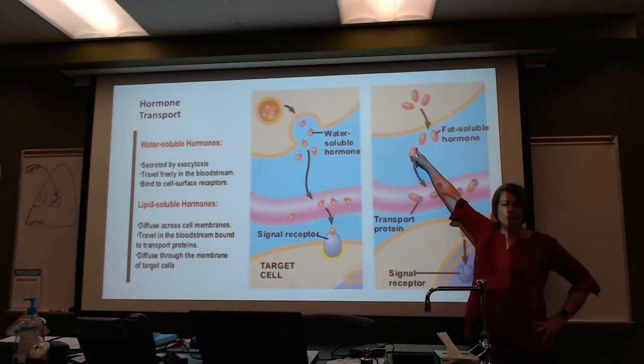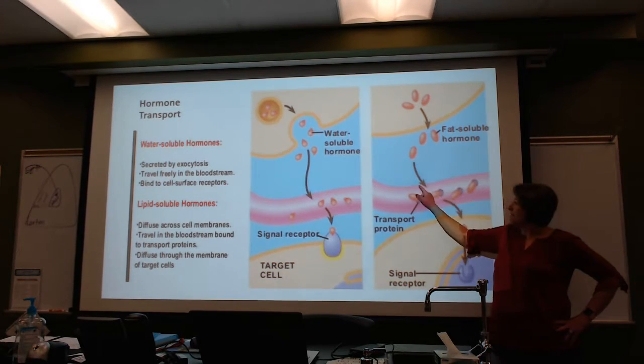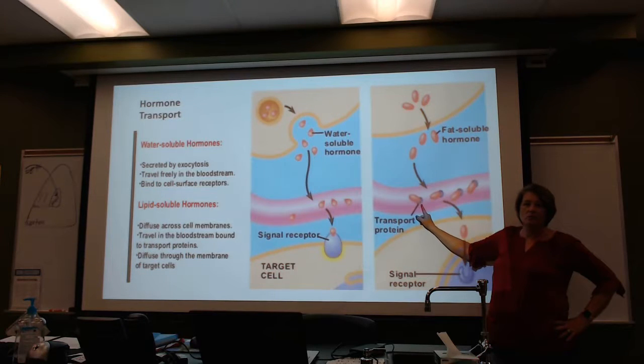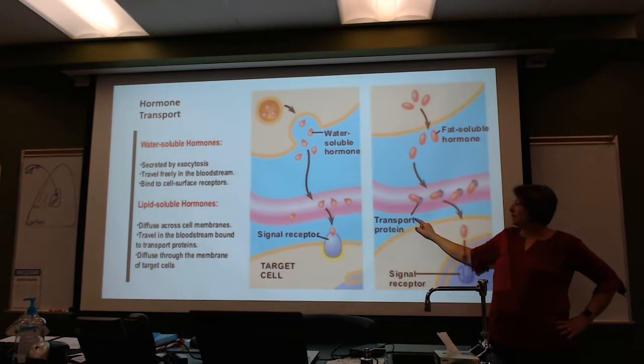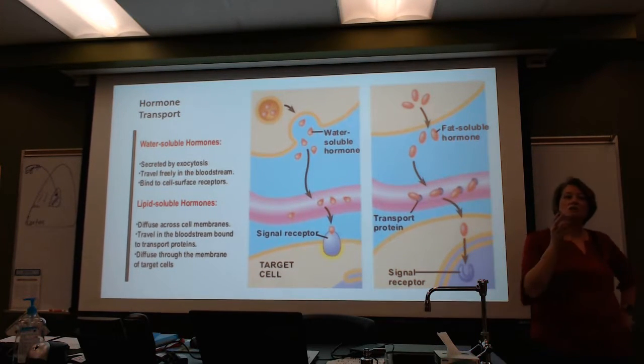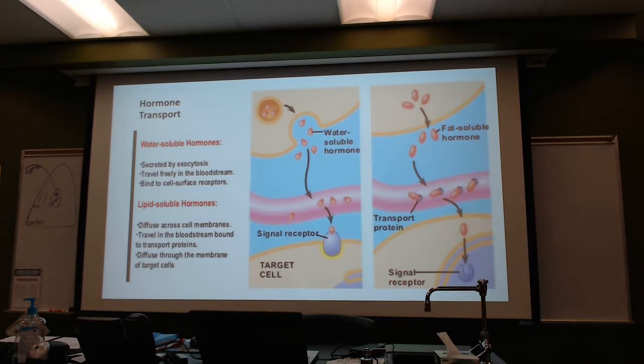Does everybody see that? That makes it into the bloodstream. However, it cannot travel freely. Lipid soluble has to have a transport protein. They're called globulins.